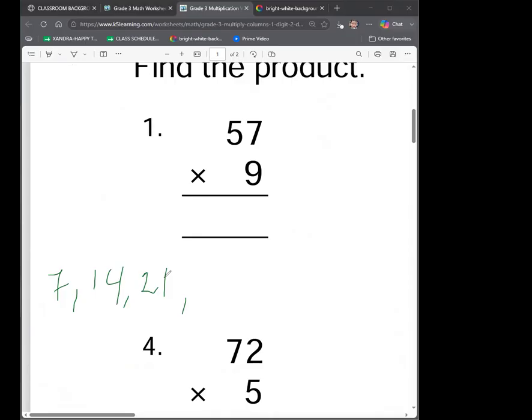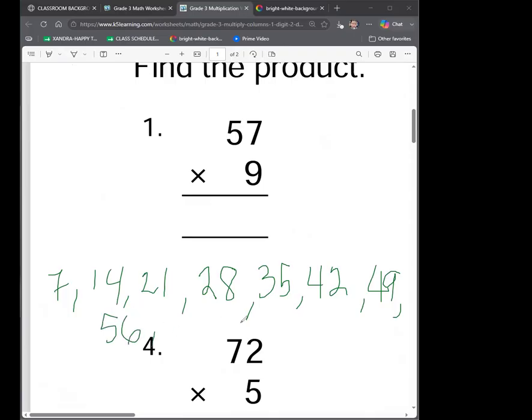So it's 7, 14, 21, 28. Next is 35. Very good. And then next is 42. Next is 49. And then next is 56.